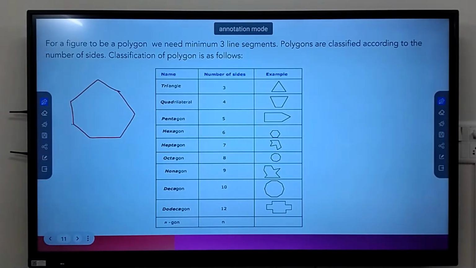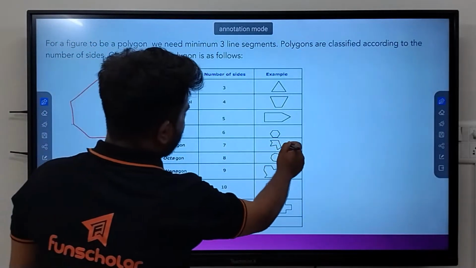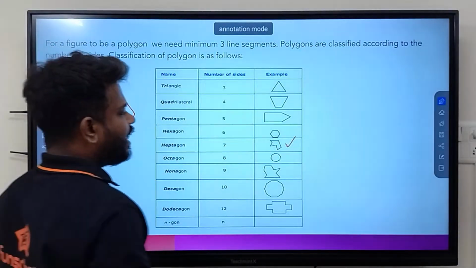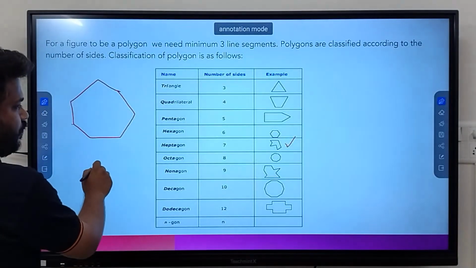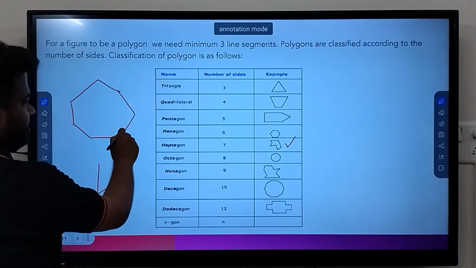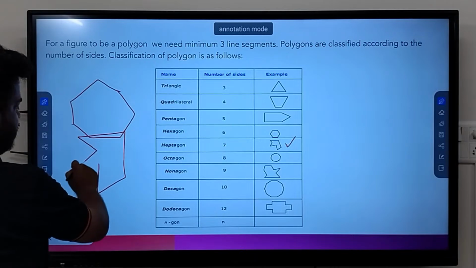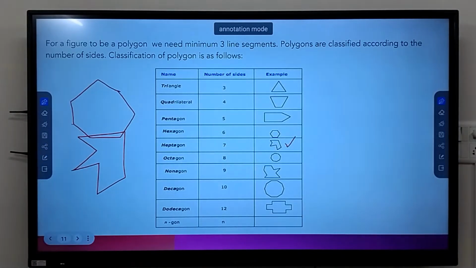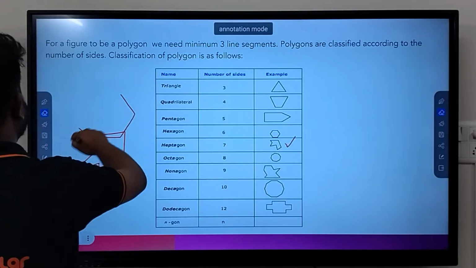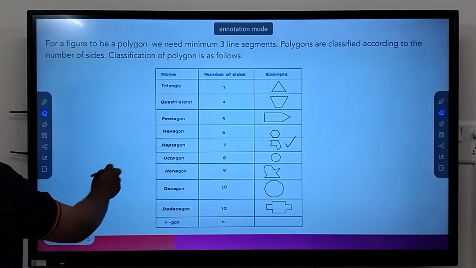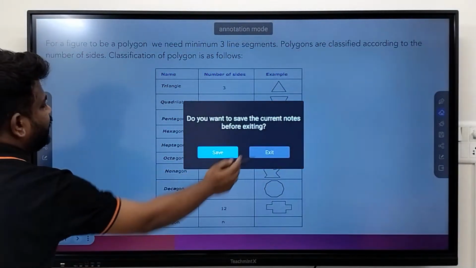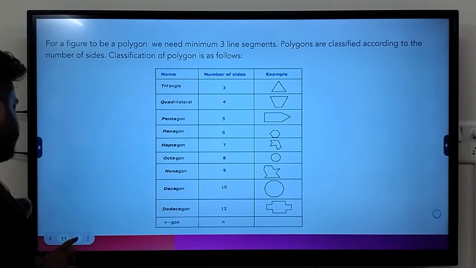Yes, this one looks quite like a heptagon, but you can also draw it like this. So they have drawn it like 1, 2, 3, 4, 5, 6, 7. You can also draw it like this. So if you have spare time, you can draw like this to check whether it's a polygon or not. Okay, let's go to the next one.